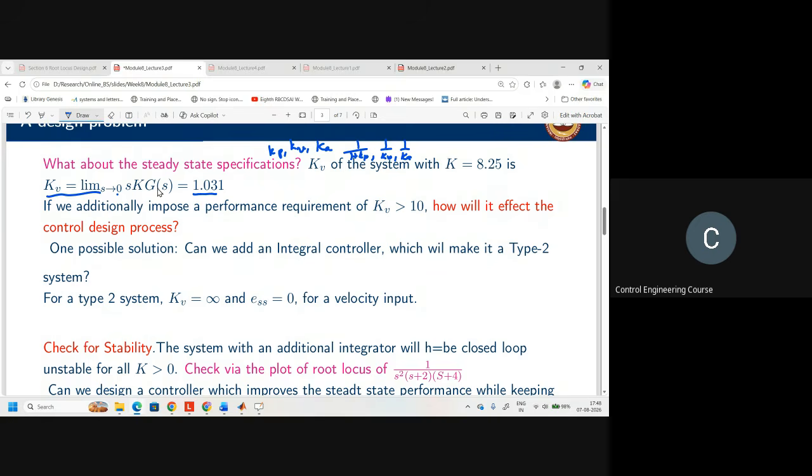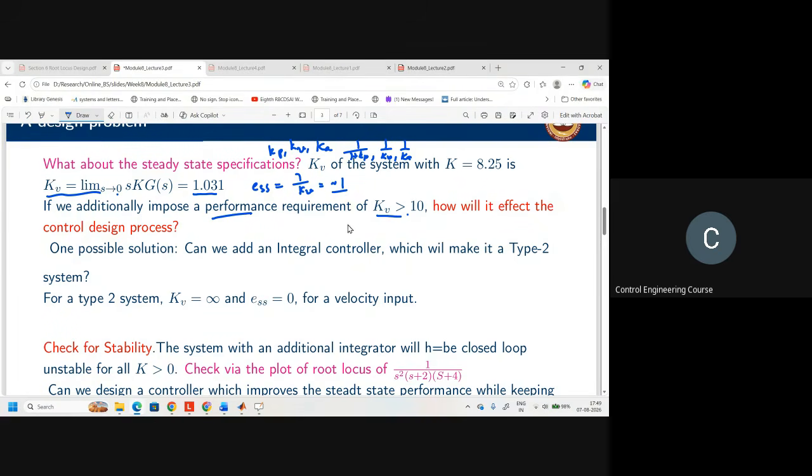That means your steady state error is 1 by Kv, which is roughly 1, so the error is about 1, right? Now, suppose my requirement is Kv greater than 10, that means less than 10% error.